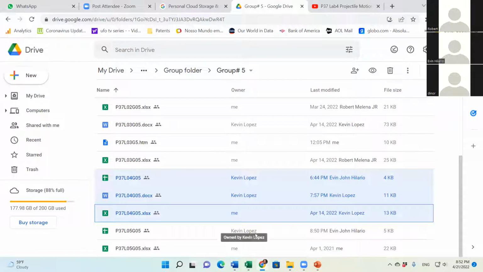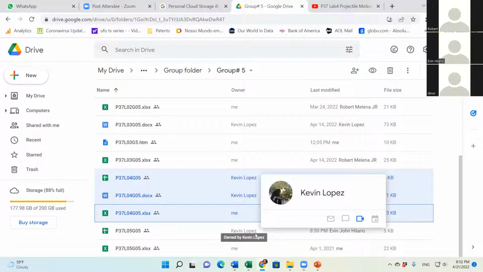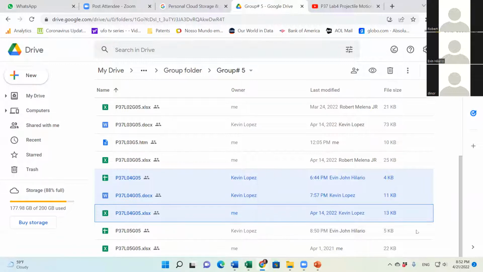Okay, so let me see, group 5. I have 2 spreadsheets here for lab 4. Which one do you want me to correct?